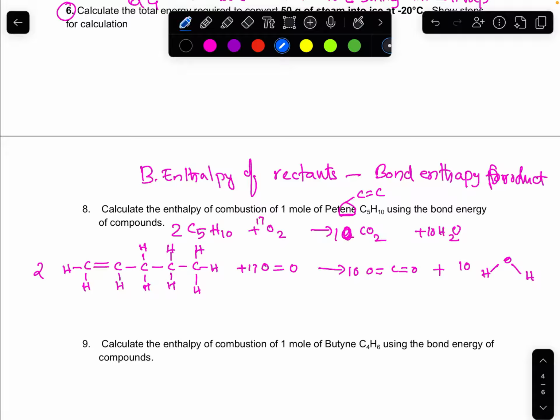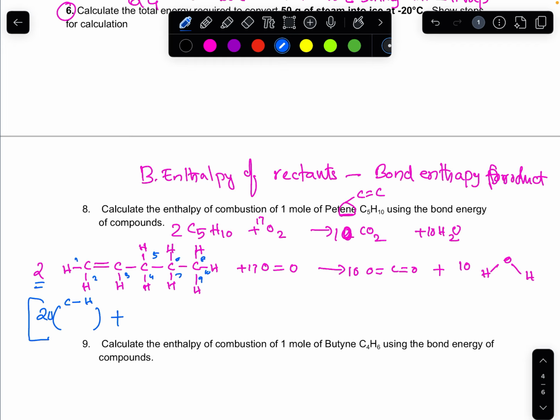Okay, so now I don't have the bond enthalpy here. I'll show you what the calculation is. Okay, so look, 1 2 3 4 5 6 7 8 9 10 CH bonds, and it is 2 times, so you will multiply 2 times whatever the value of CH. That is 10 times 2, that is 20.